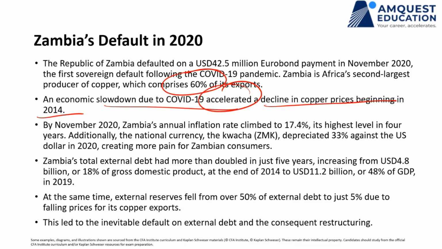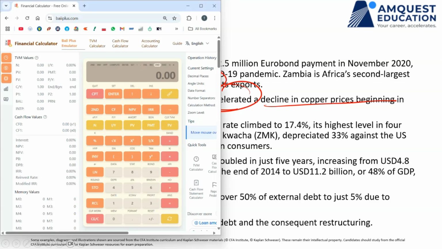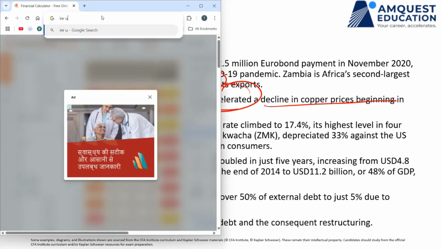The rupee is depreciating, and the rupee hit its lowest level on Friday. I think it closed around 89.6, 89.7, if I remember that. That is the all-time low for the rupee from the perspective of exchange rate. And let's just look at the number quickly. INR USD.